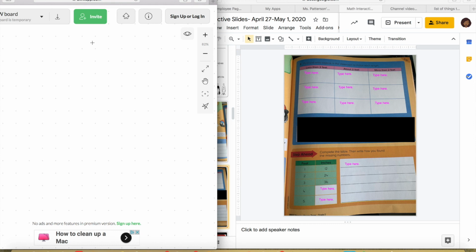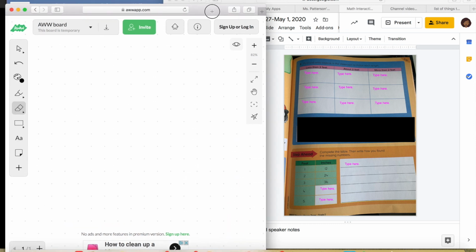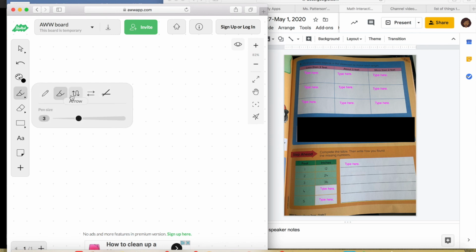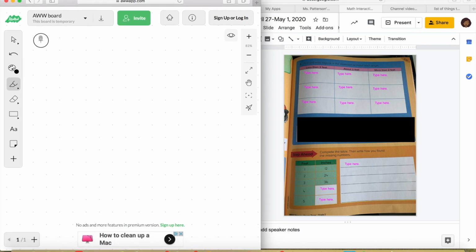So we know that 1 equals 12. But we want to know 2, so to find 2, all I would do is put a plus sign right here, do another 12.